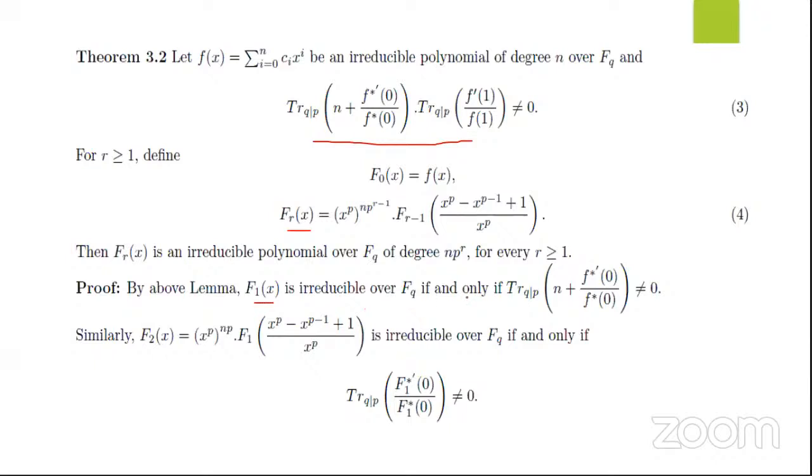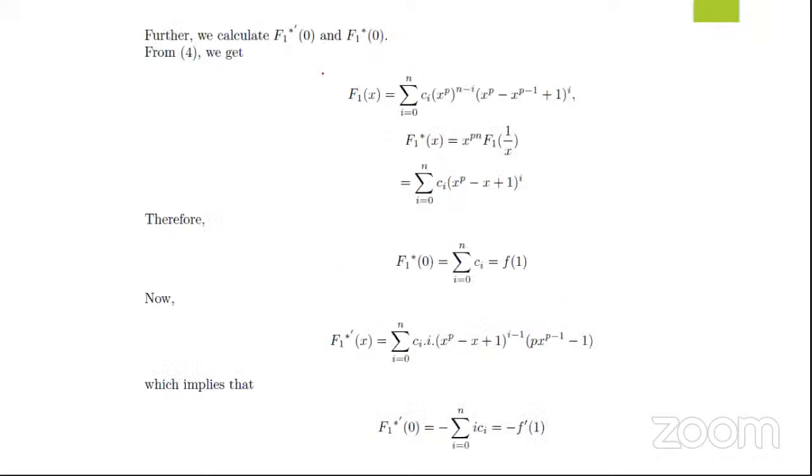f 1 of x is irreducible over F q if and only if trace of n plus f star dash 0 upon f star 0 is non-zero, by using the above lemma. Then similarly, f 2 of x will be irreducible if it satisfies this condition. For this, we have to calculate f 1 star dash 0 and f 1 star at point 0.